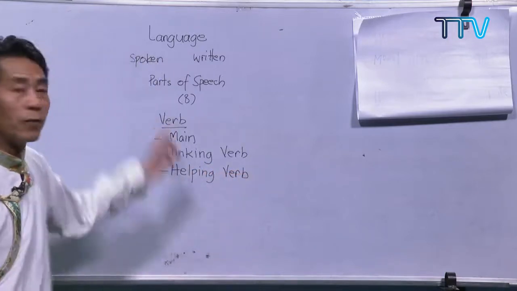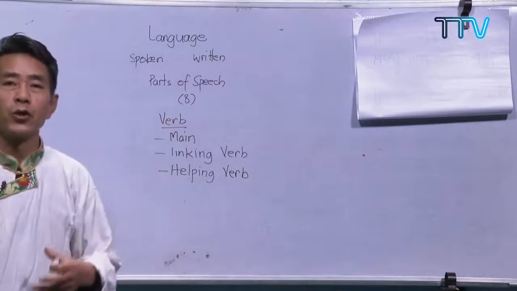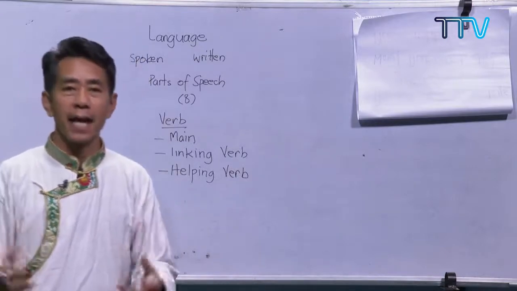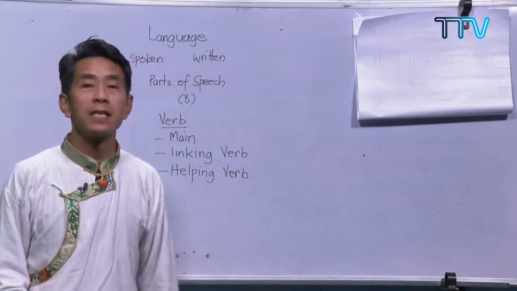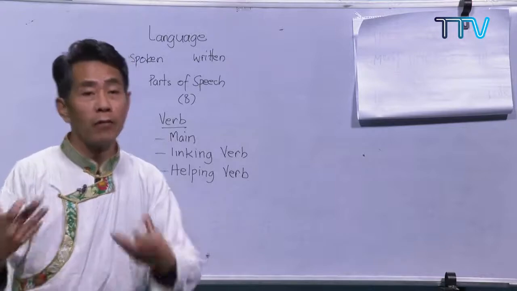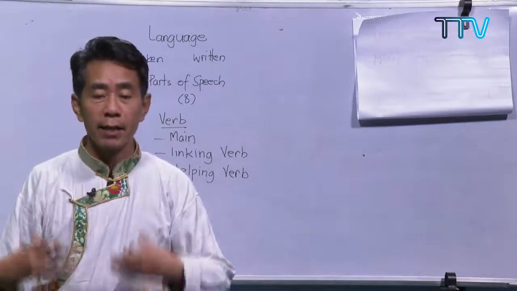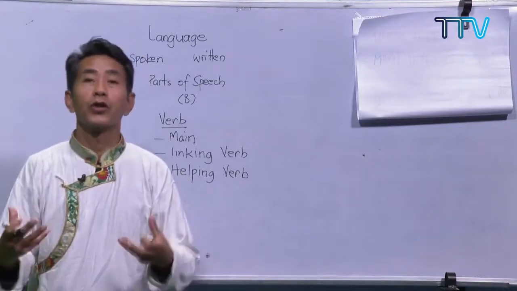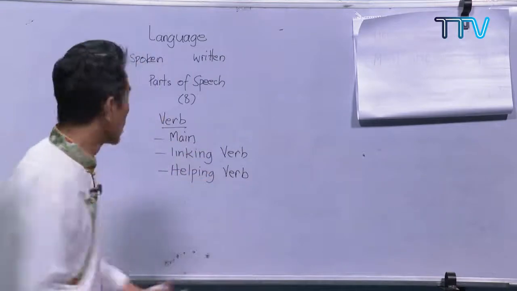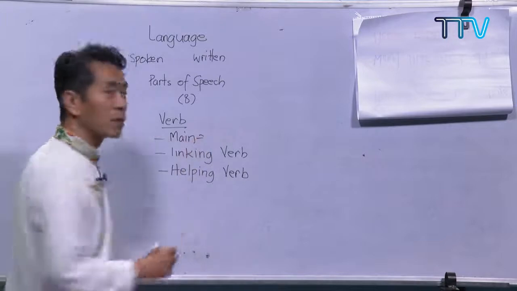You got it? The main verb is the word which shows some action, for example eat, play, sing, dance, write, read. All these are main verbs. The main verb can be of different forms, as your teacher taught you yesterday. We have the simple form, eat, play, sing.